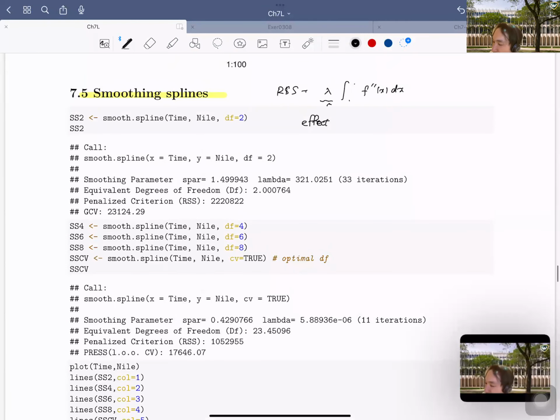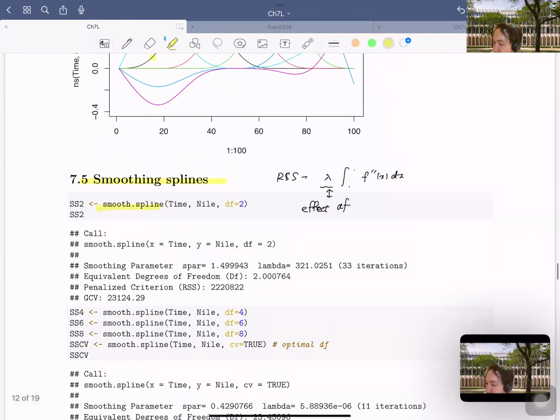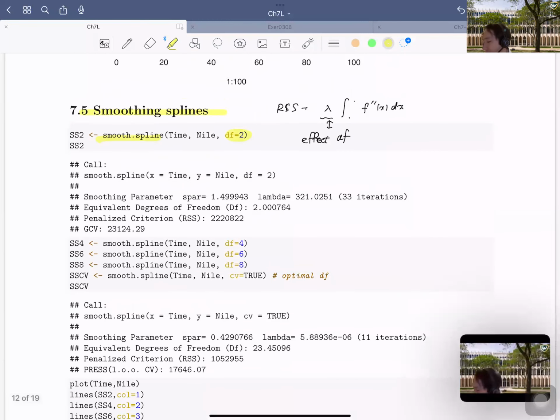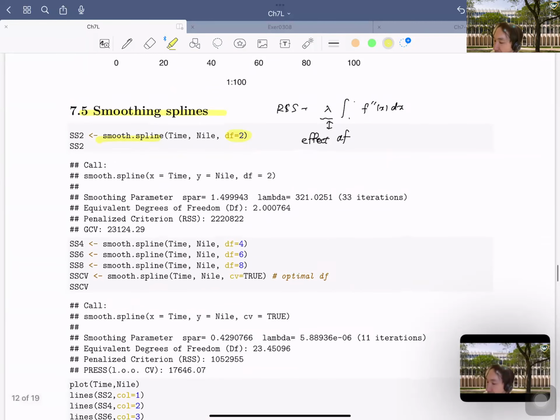So lambda corresponds to effective degrees of freedom, the equivalent number of parameters. In R's smooth.spline function, actually the df is the more popular parameter to specify. So this is the effective degrees of freedom we specify. And actually, there is a rule that the df is larger than 1.